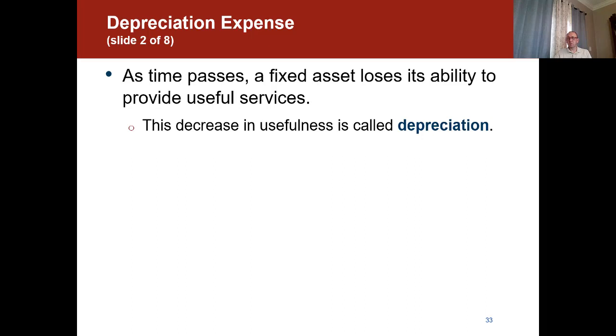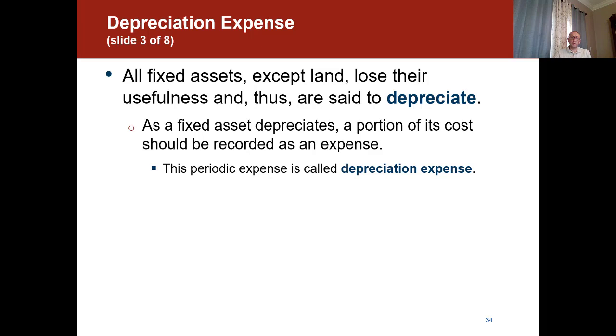As time passes, a fixed asset loses its ability to provide useful service. This decrease in usefulness we call depreciation. So all fixed assets except land lose their usefulness and therefore are said to depreciate. As a fixed asset depreciates, a portion of its cost should be recorded as an expense, and we call that depreciation expense.